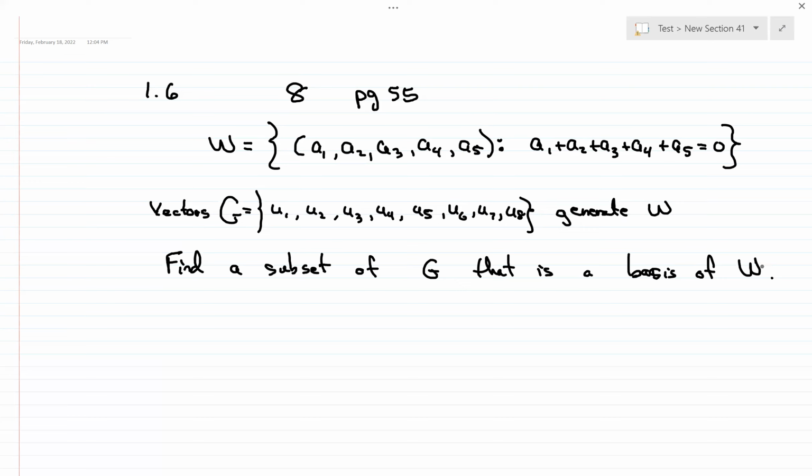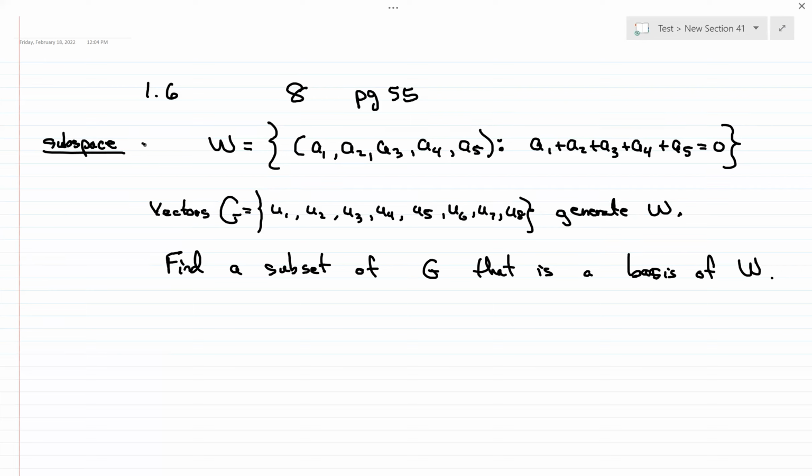So we're told that this is a subspace, so I guess we don't have to prove that. And we're told that these generate W, so we don't have to prove that. These are things we know.